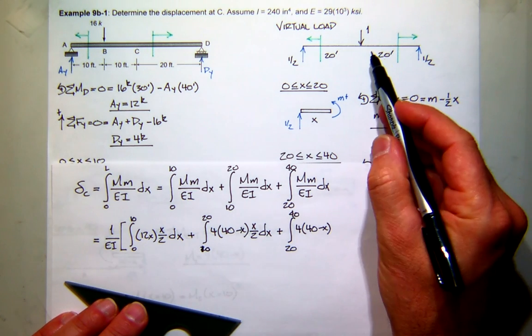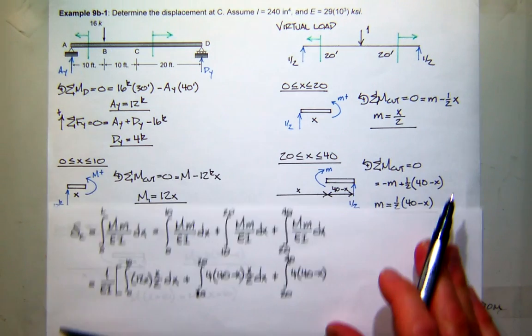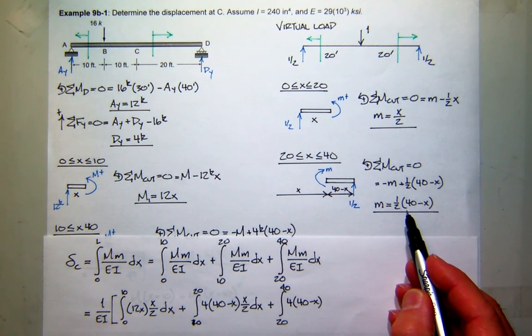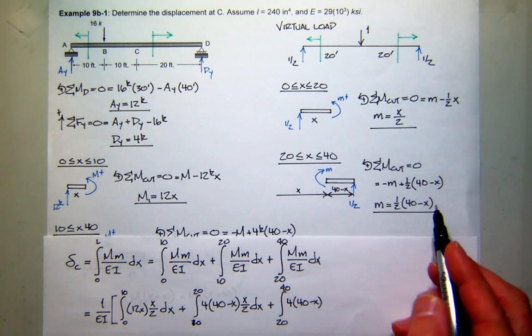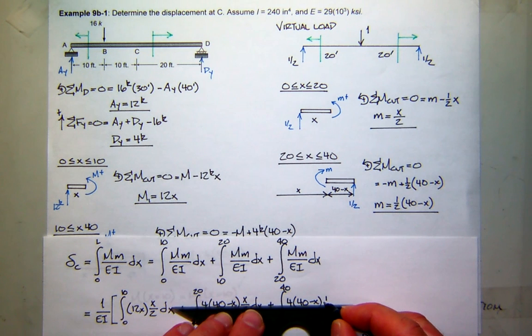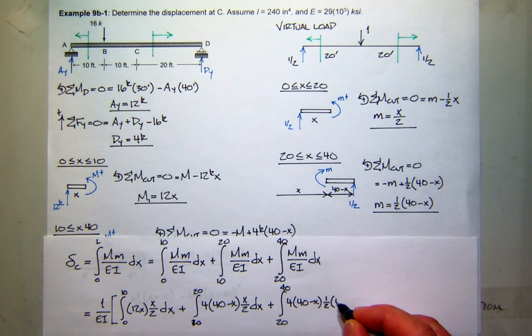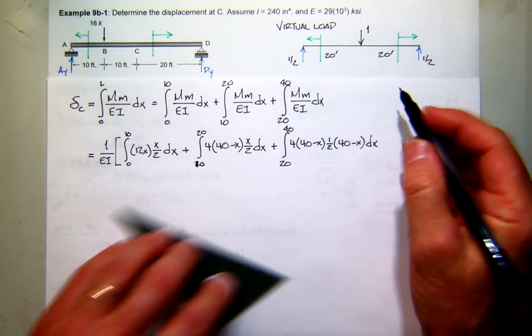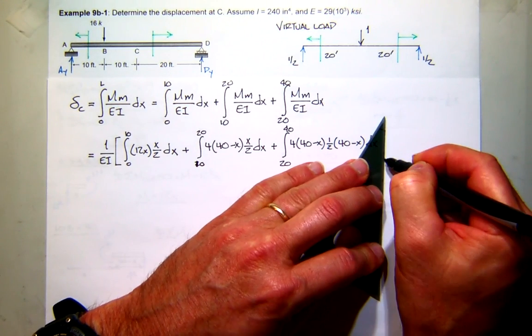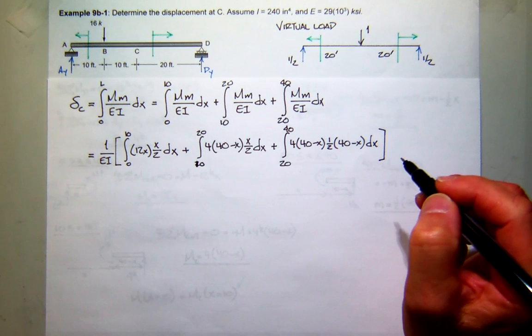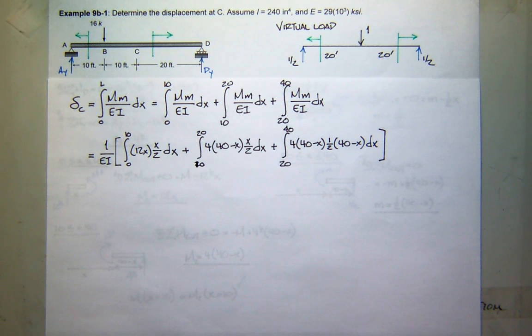And my virtual moment from 20 to 40, well, that's the second one I computed, which is this one. 1/2 times 40 minus x. And then I'll close that up. So that's the point in the problem where I would say what?